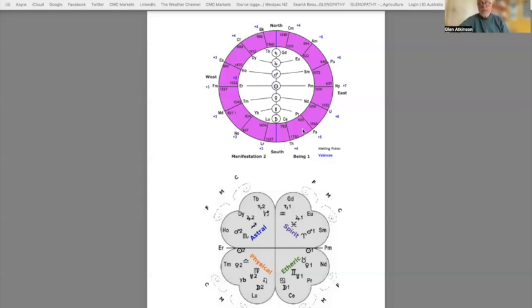And then also we can look at how these energies work as cardinal, fixed and mutable to create these quadrants of activity. So all of this information can be used to help identify the energetic activity of these elements.